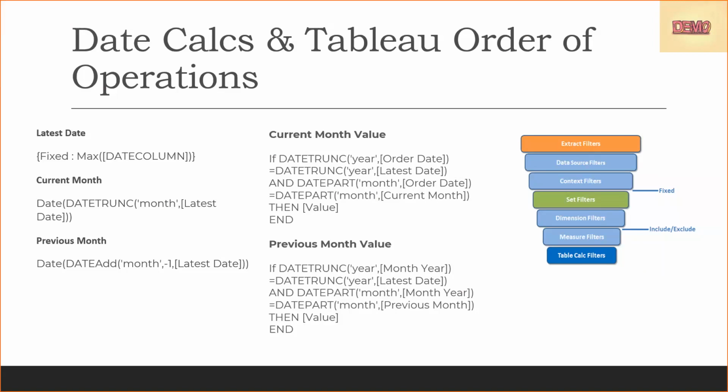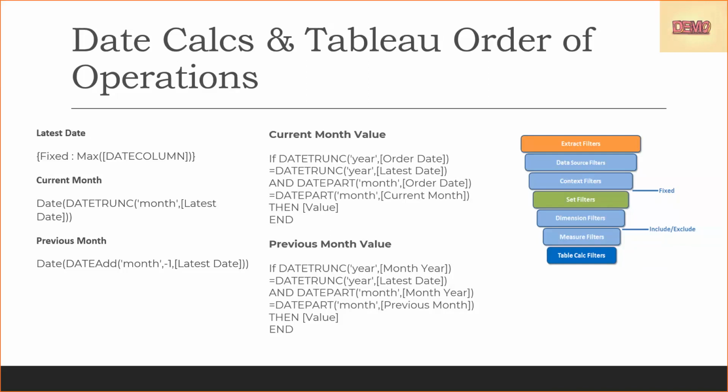And then I always wanted to stress to new users that there is an order of operations that you want to think of when you're creating dashboards. You may run into some issues where you're trying to filter by a specific filter and you don't know what to do. It could be because you have a filter on the data source, and that's filtering before your other dimension or measure filters and so on.